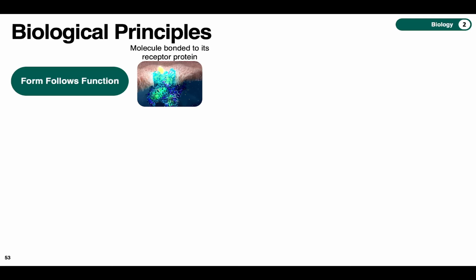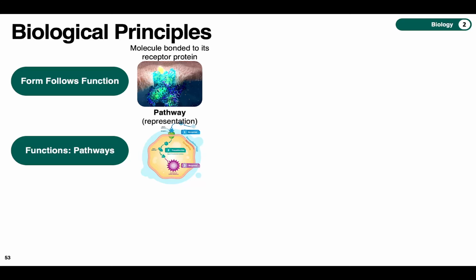The second principle is that functions work through pathways. And so each function has processes that are defined by triggers, and then a chain of transmission of signal from protein A to protein B to protein C, etc., until it gets to the action that it needs. And then it has feedback loops that will either stop the process when the desired action is done, or keep it going as long as it's needed.